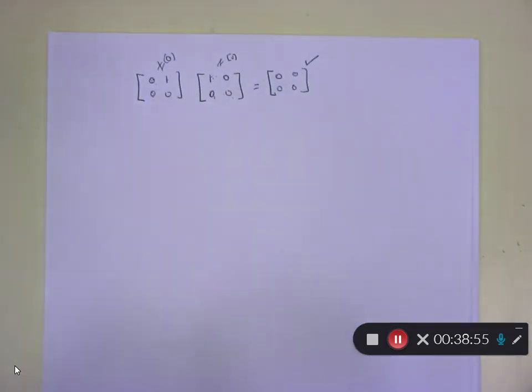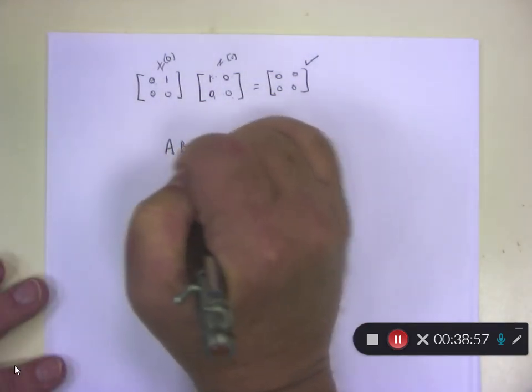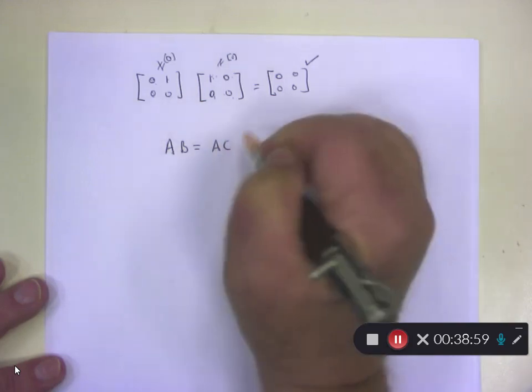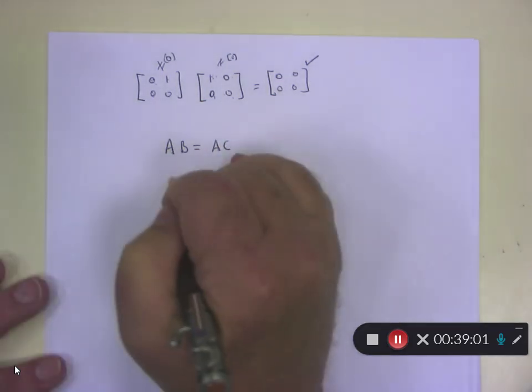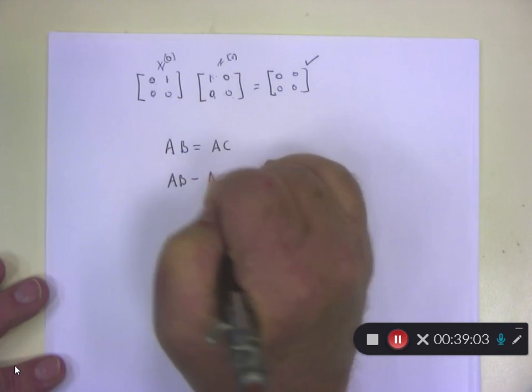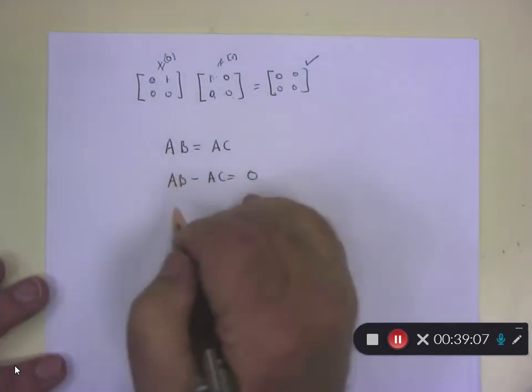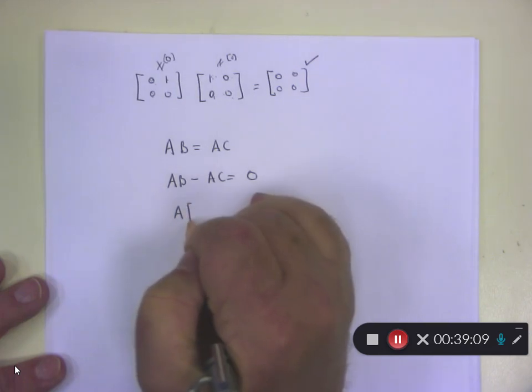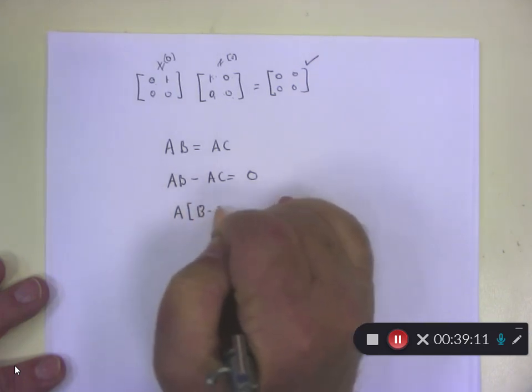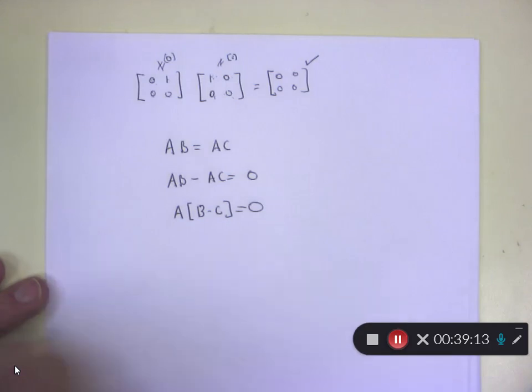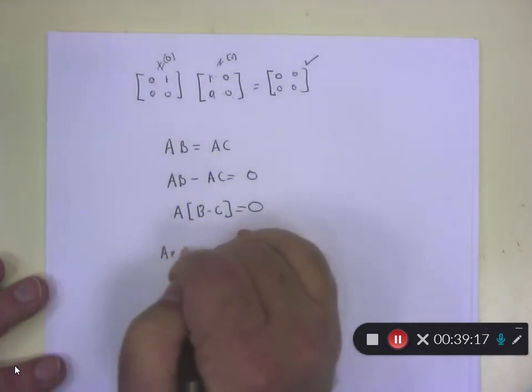Now, here's the problem. If you say A times B equals A times C, right? That would also mean that A times B minus A times C is equal to the zero matrix. I can factor out that A matrix. That would be A times (B minus C) has got to be equal to 0. But A is not the zero matrix.